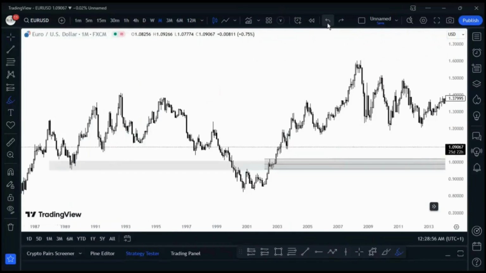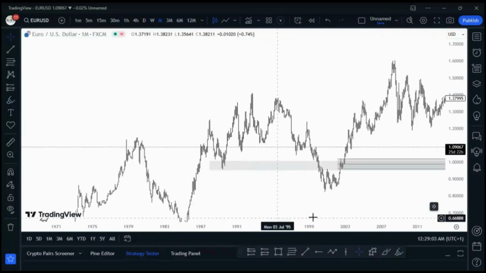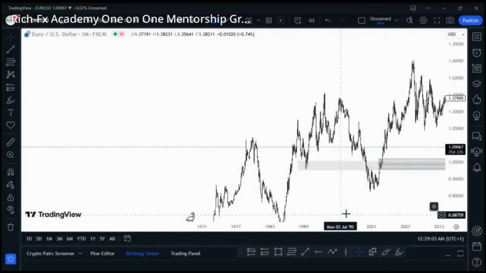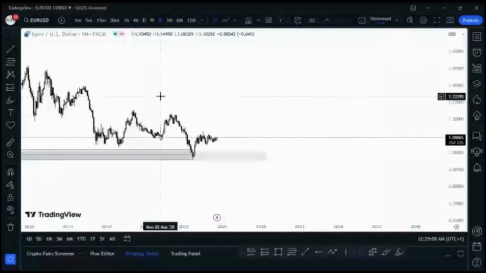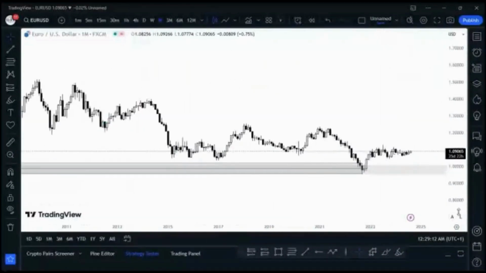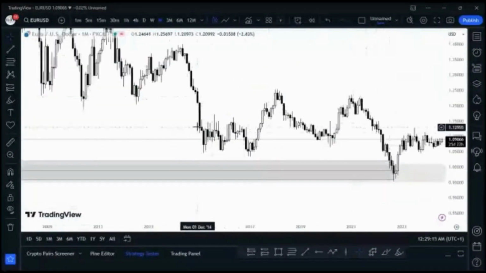Remember we said that the three phases or the three basic market structures we can always find are just these. Now, the ranging market will always occur, but it is not as often as the uptrends and the downtrends. Now, we can look at this zone, this area here.